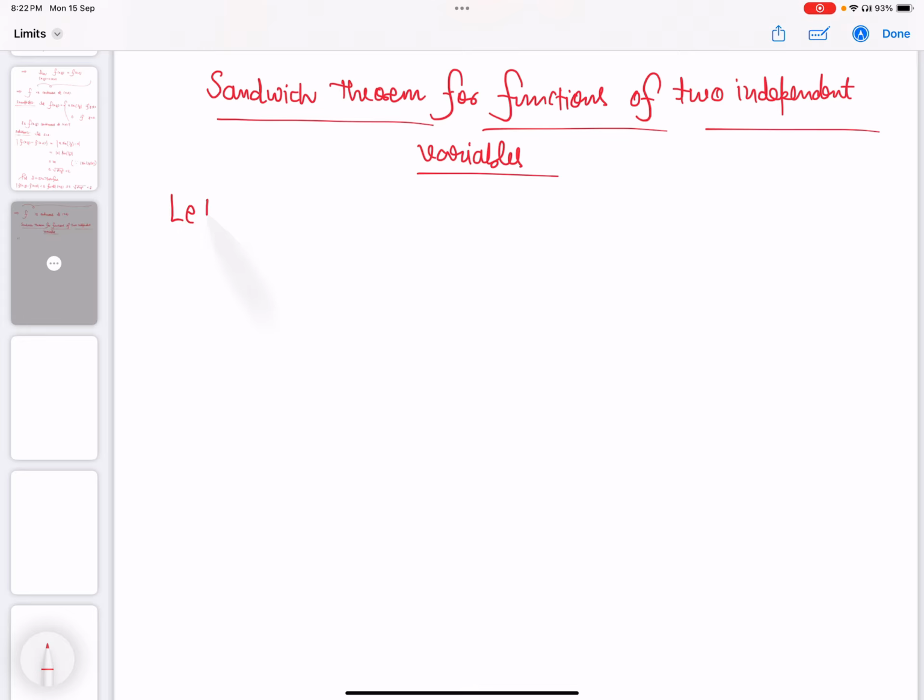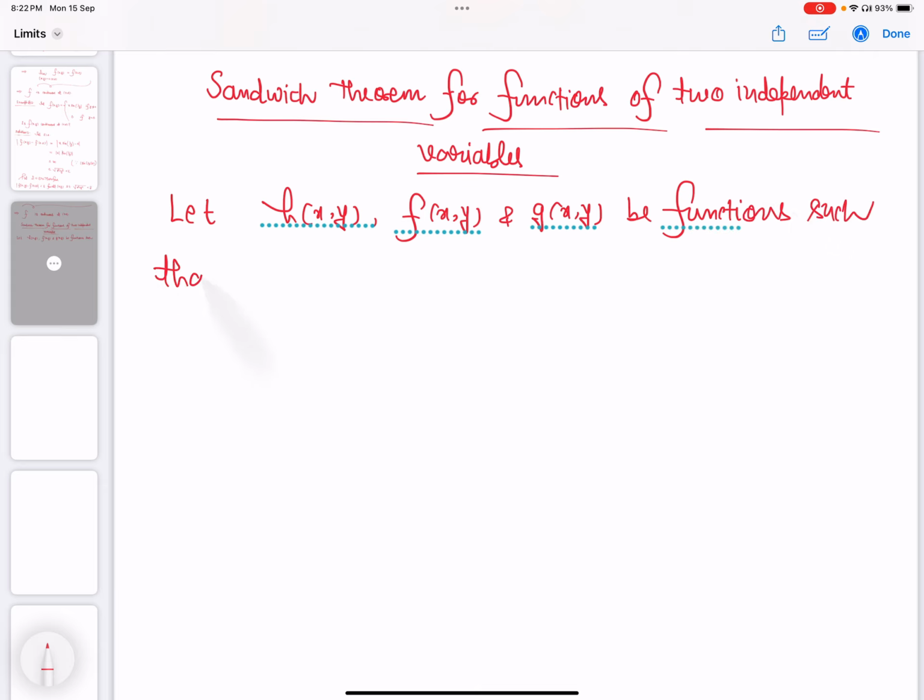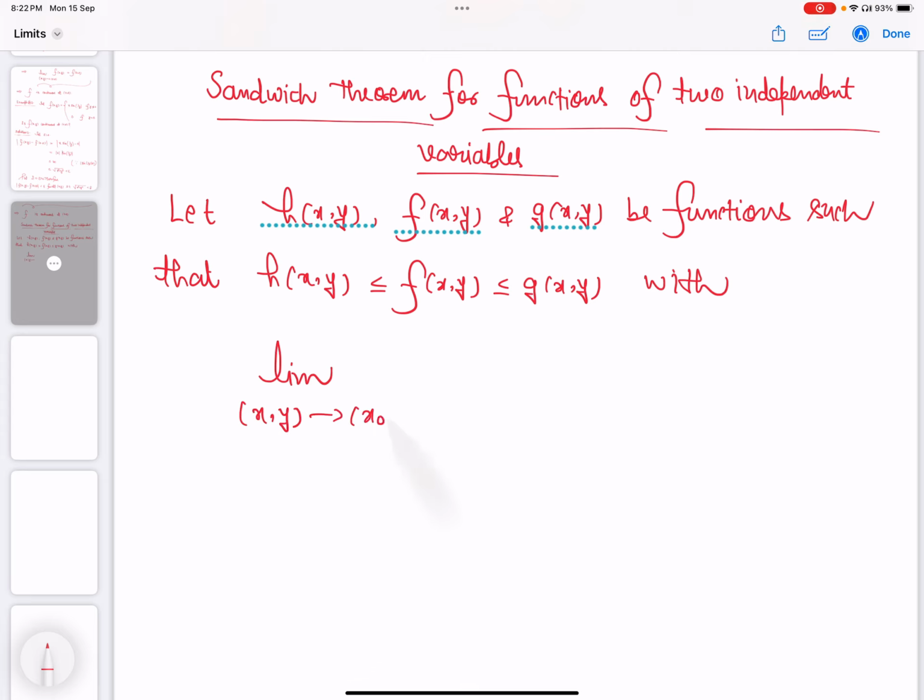Result: let h(x,y), f(x,y), and g(x,y) be functions such that h(x,y) is less than f(x,y) is less than g(x,y), with the limit as (x,y) tends to (x naught, y naught) of h(x,y) and the limit as (x,y) tends to (x naught, y naught) of g(x,y) existing.